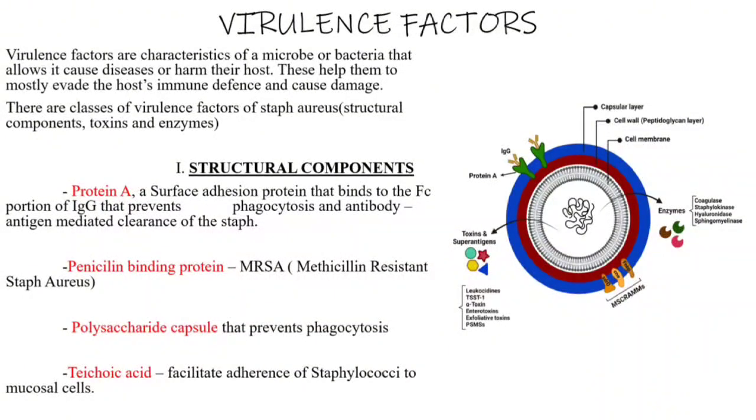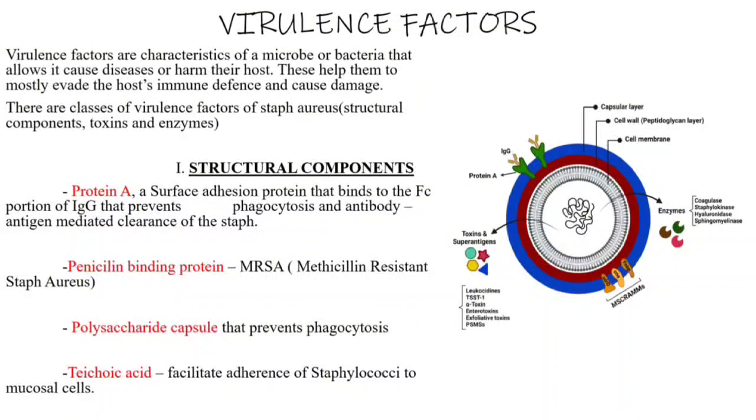Usually, they help it to evade the host's immune system or defense, and help it to cause its damage. Like the catalase we talked about, it helps it to escape the reactive oxygen species mediated killing of the microbe, and then enhance its stay in the organism and causing damage.